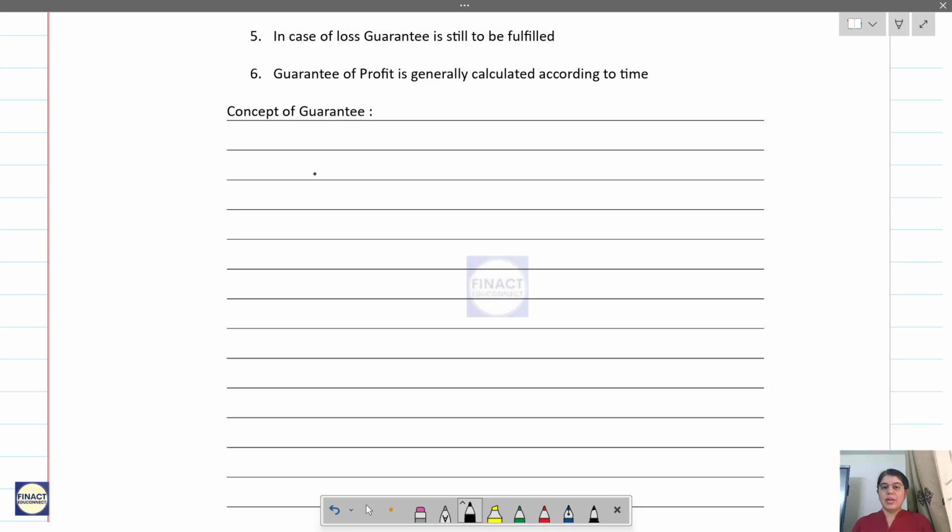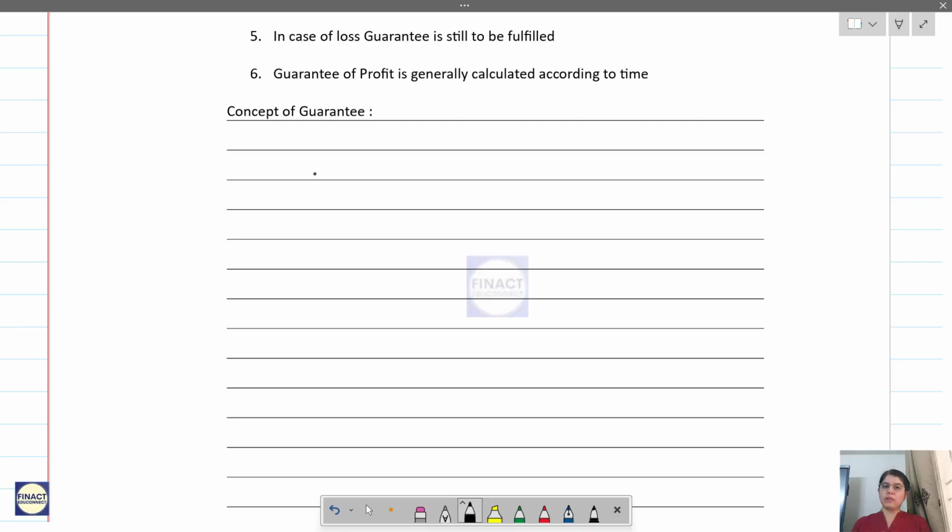Let's say there is a partner who has some skills which are very beneficial to the firm, or that partner has some goodwill which will again be beneficial to the firm. In that case, to retain that particular partner, the firm has to give some guarantee to the partner.